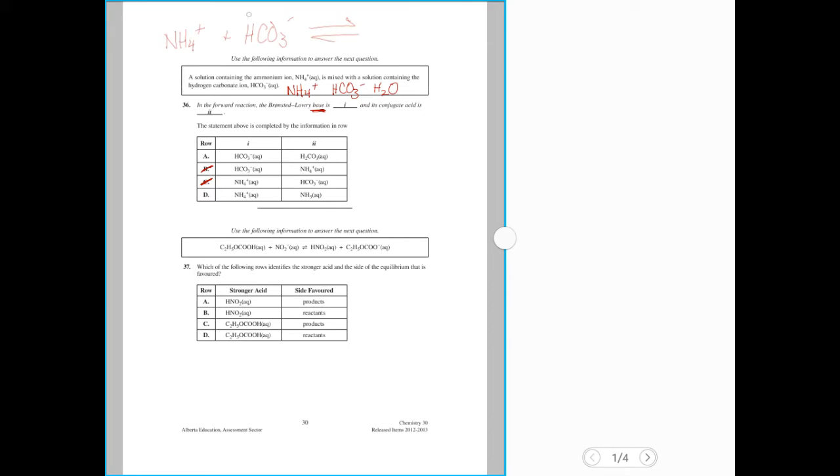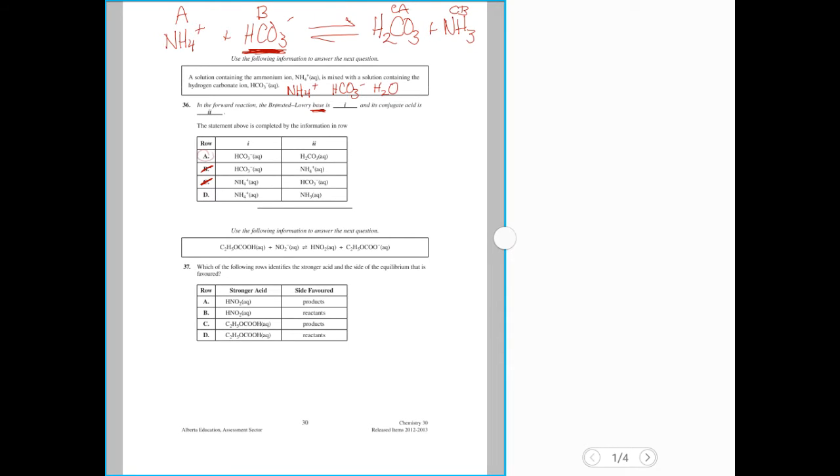So this is my base, this is my acid, and when I get my conjugate acid, which is what is formed, I get H2CO3 and ammonia, NH3. So this is my conjugate acid, and this is my conjugate base. So when I'm talking about my Bronsted-Lowry base in the forward reaction, that's this one here, my hydrogen carbonate ion, and therefore its conjugate acid is A.